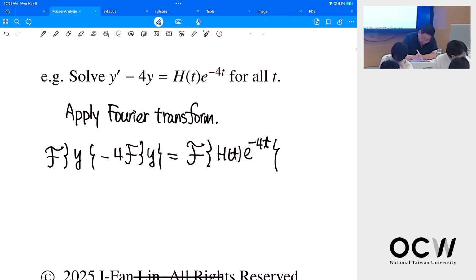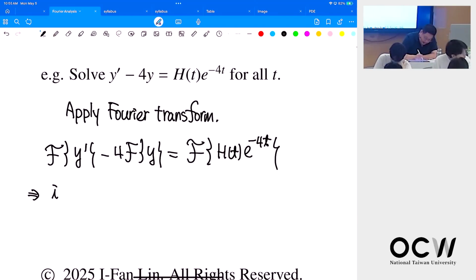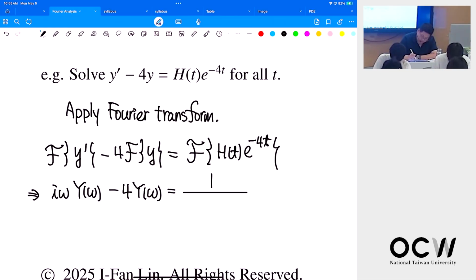I only have a y prime. Every time I take the derivative, I will generate i omega. So here I have i omega times the Fourier transform, maybe we'll write it down, y hat of omega. And minus 4 times the Fourier transform, so y hat of omega. Right hand side, you get 1 divided by 4 plus i omega. Let's see the table.